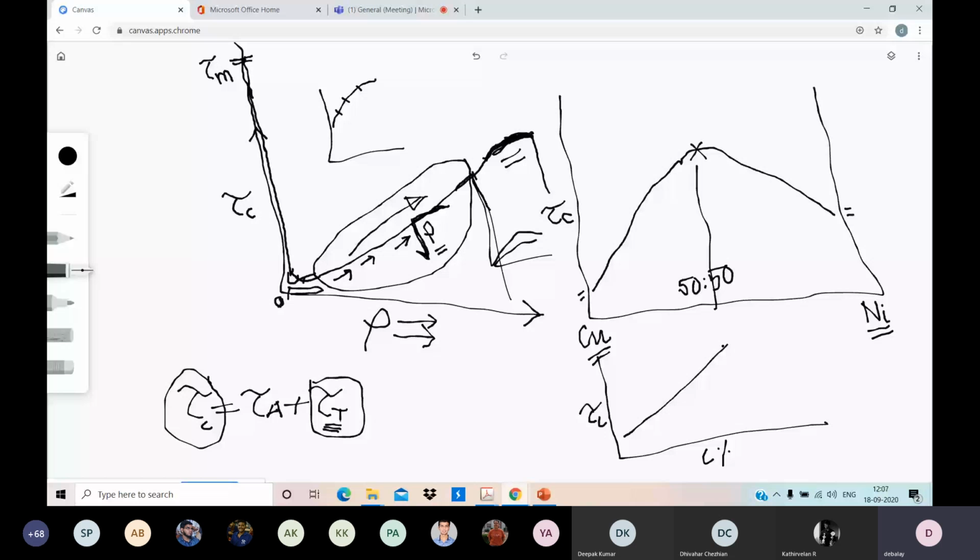If I ask you, I put the same amount of carbon in BCC iron and FCC iron, will the strengthening be the same or not? So it won't be the same. The strain created will be different. The slip systems are different.